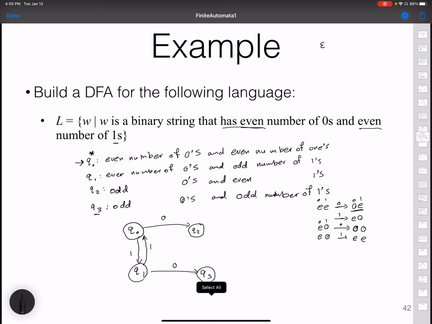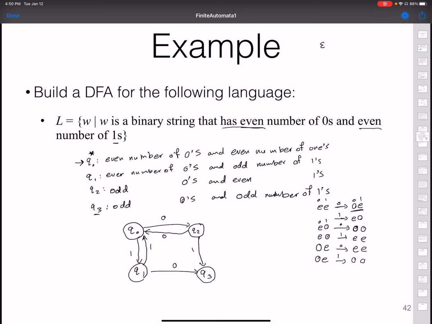Let's complete the transitions over Q2. Odd number of zeros, even number of ones. Seeing a 0 makes it even number of zeros, even number of ones. Now you actually see the pattern from Q2. If you see a 1, you go to odd number of zeros and odd number of ones.